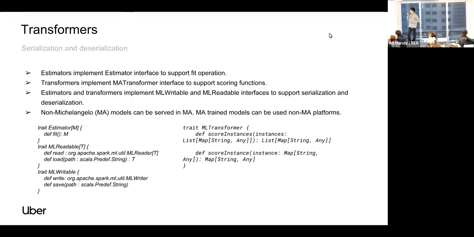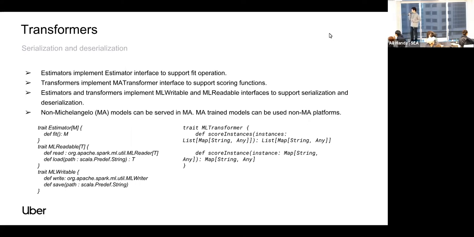Let me introduce some of the technical details about estimators and transformers. We adopt the Spark standard interfaces for estimator and transformer, as well as our own interfaces. The Spark standard interface is just the estimator and transformer interface, as well as MLReadable and MLWritable.